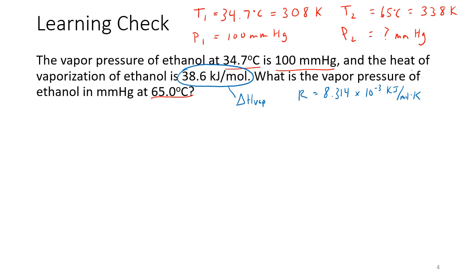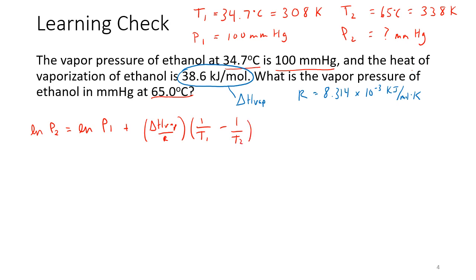Using the Clausius-Clapeyron equation, ln of P sub 2 equals ln of P sub 1 plus delta H of vaporization divided by R times 1 over T1 minus 1 over T2.